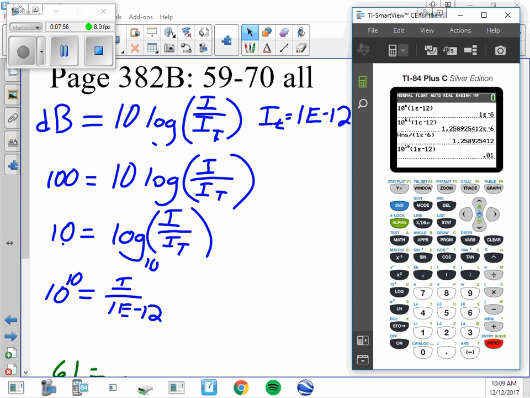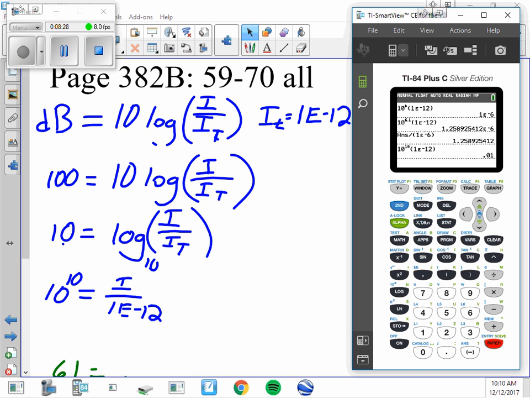So how much energy does it take to create 100 decibels? 1/100th of a watt. Not a lot of energy, right? But how much bigger is that than the original amount? It's about 10,000 times as big, or 1,000 times as big. So to go from 60 to 100, you have to increase your power by 1,000 times.